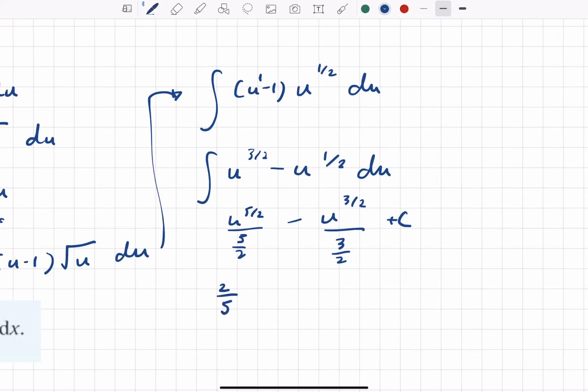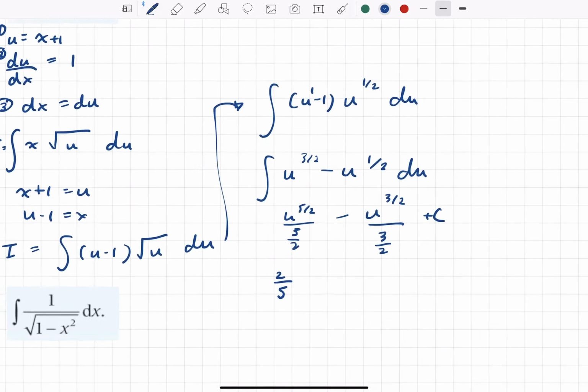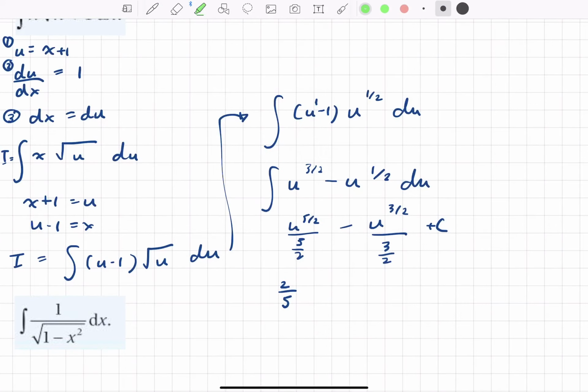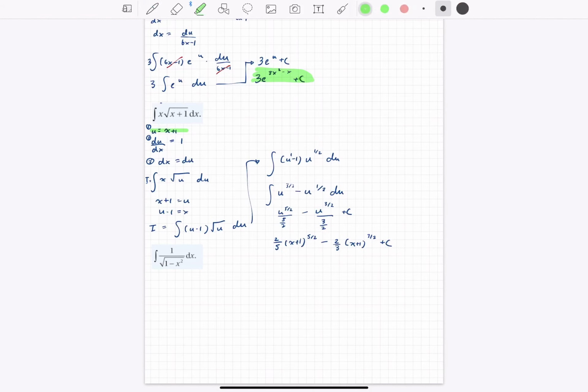So we have 2 over 5 u to the 5/2, but now we're going to start resubstituting for u. We originally called u x plus 1, so anything that's u is also x plus 1. Minus 2 over 3, x plus 1 to the 3/2, plus c. And that's our answer.